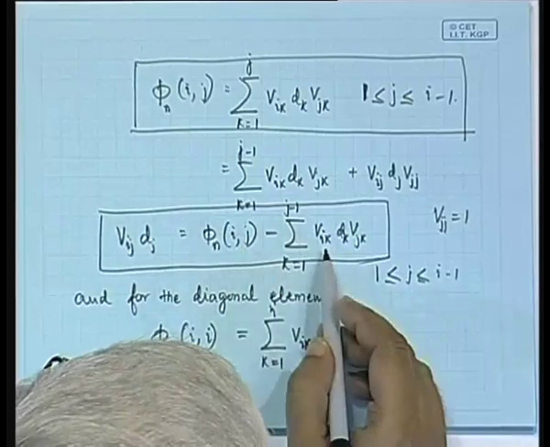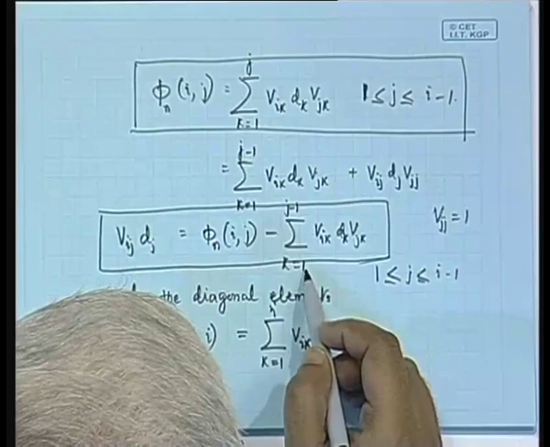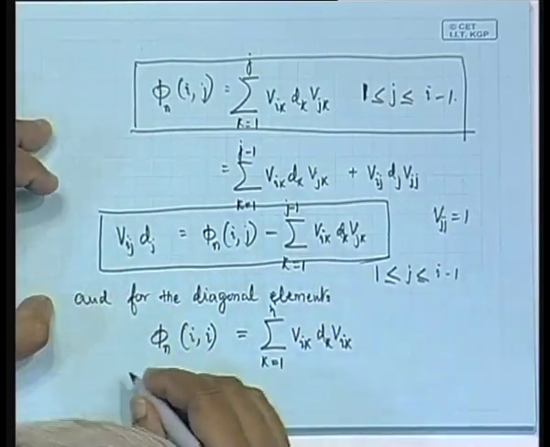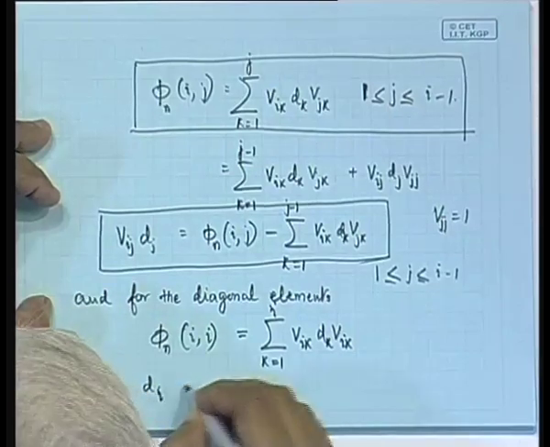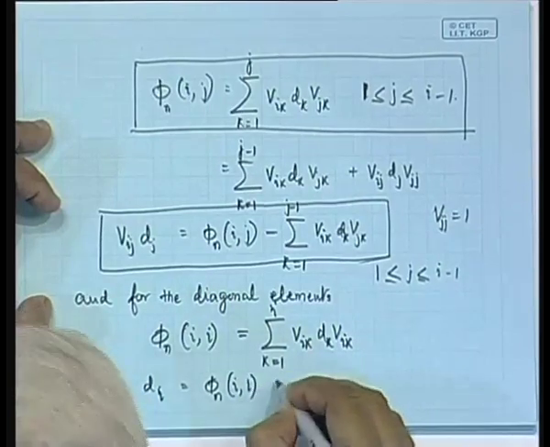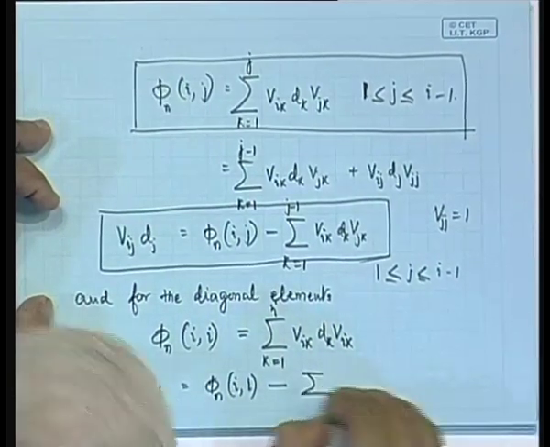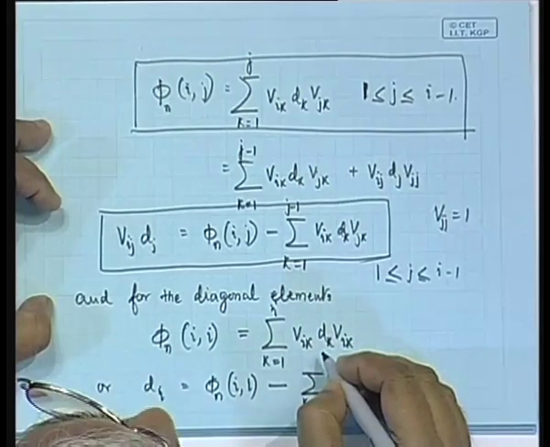I minus, this becomes k is equal to 1 to I minus 1. So just see, we can write first that di becomes equal to phi n I minus summation k is equal to 1 to, what is the summation limit?